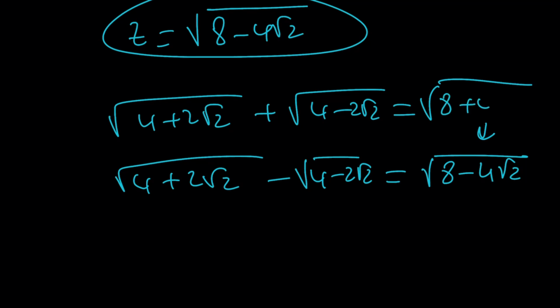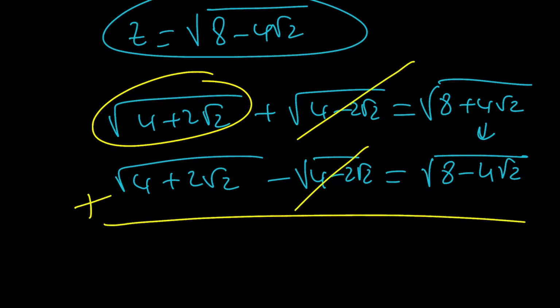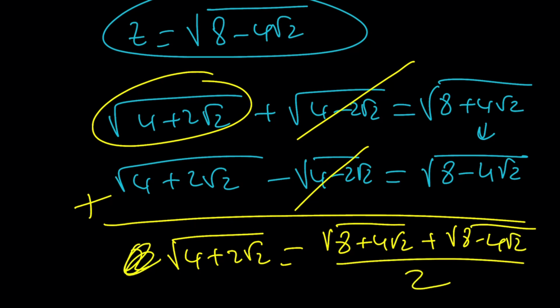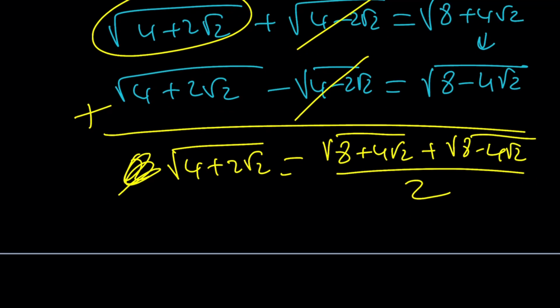Anyways, so now, since we're looking for this, we can go ahead and add these up. These two are going to cancel out, and I get this twice, right? So I kind of have to divide by 2 at the end. So the expression just turns into something like this, right? We can go ahead and divide by 2, and that should give me the answer. And then I can go ahead and add the other one. I don't know if this is going to give us the answer, but at least I tried.